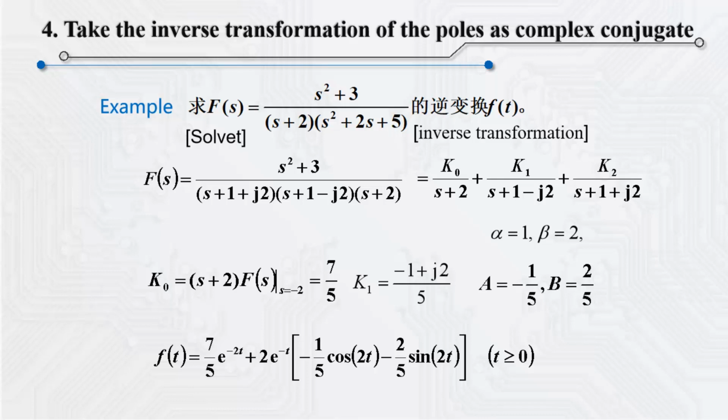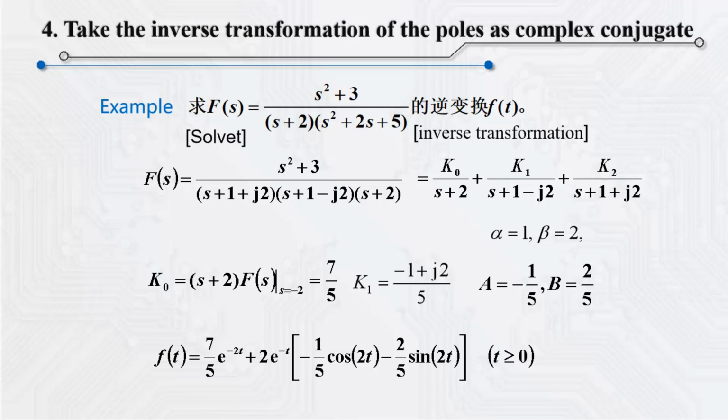The solution of k1 is to multiply both sides of the equation by s plus 1 minus j2 at the same time, making s equal to negative 1 plus j2, solving k1. Because k1 and k2 are conjugate, k2 can be solved. Then we can use the formula we learned earlier.